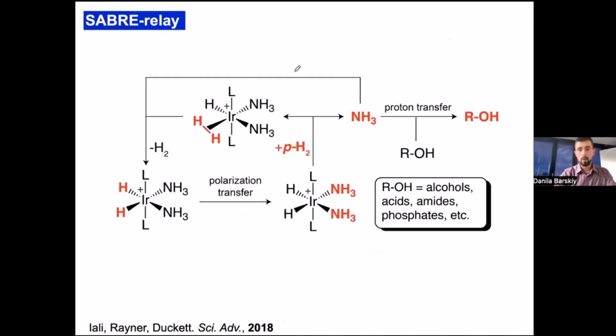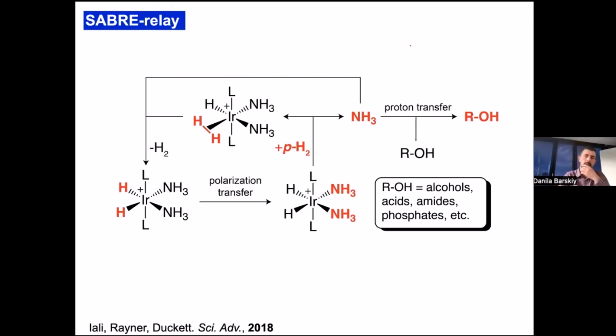So now I switch gears to this new extension of the SABRE and PHIP technology, which is called SABRE-relay and PHIP-relay. And I will have a few more slides explaining PHIP-relay. So what's the idea?